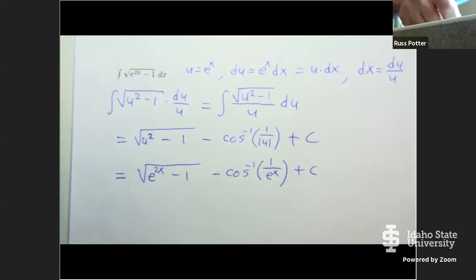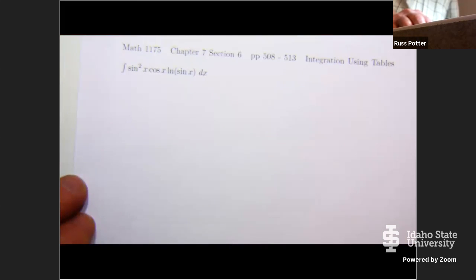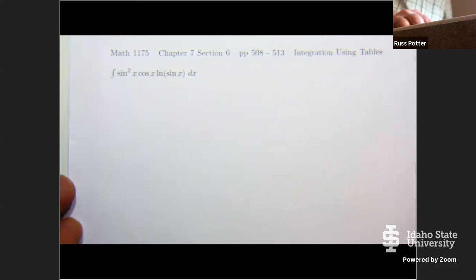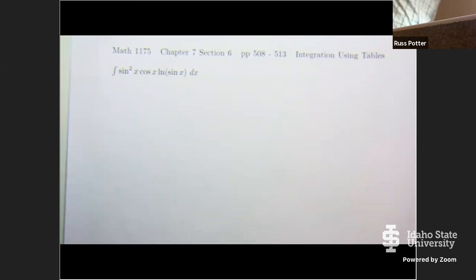Okay, the next example. The indefinite integral of sine of x squared cosine of x times the natural log of sine of x dx. So how would you start with this one?